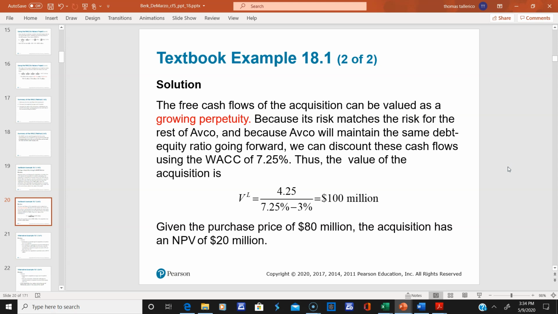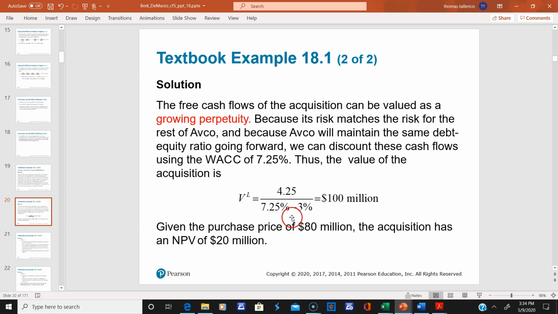Because its risk matches the risk for the rest of Avco, and because Avco will maintain the same debt-equity ratio going forward, we can discount these cash flows using the weighted average cost of capital that we previously had for the other problem. So we're going to reuse that. That's how simple this problem is. So the value of the acquisition is, here's the cash flows, and here is the weighted average cost of capital from the previous example.